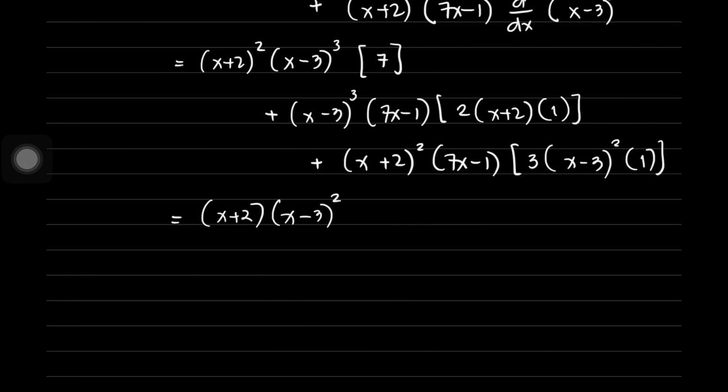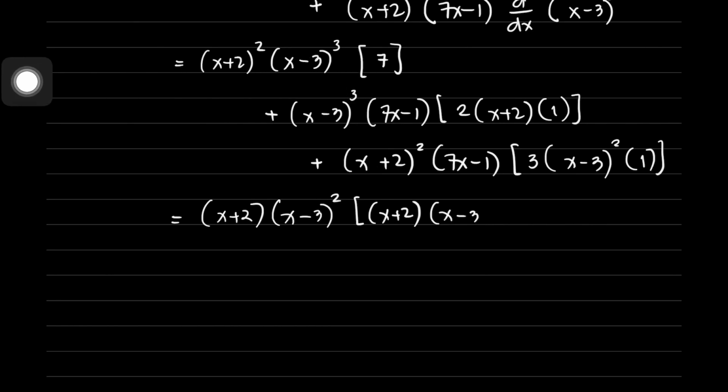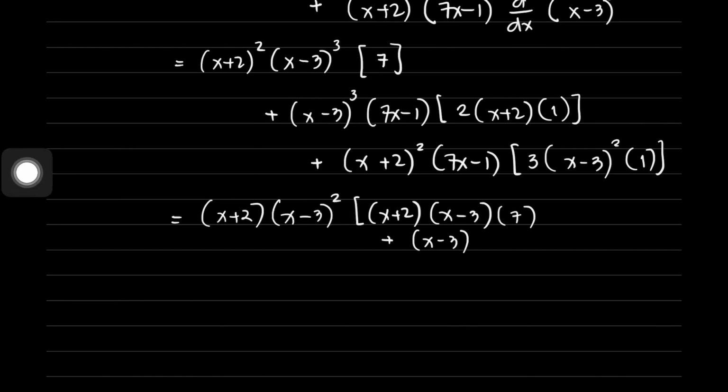Okay? Now, if we bring out (x + 2) and (x − 3)^2 in this whole expression, the remainder for the first term would be (x + 2), right? Because we brought out (x + 2) raised to 1 here, and then we have (x − 3) raised to 1 as well, because we brought out (x − 3) raised to 2, multiplied by 7. And for the second term, the remainder would be, we brought out (x − 3)^2, so we have (x − 3) here.